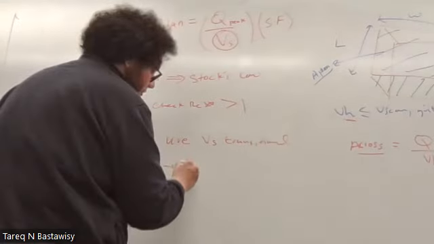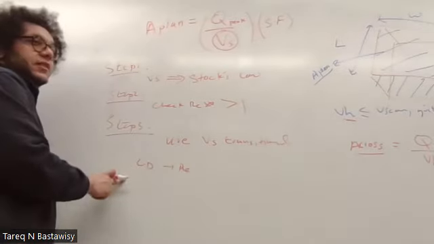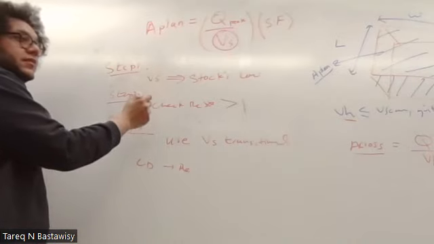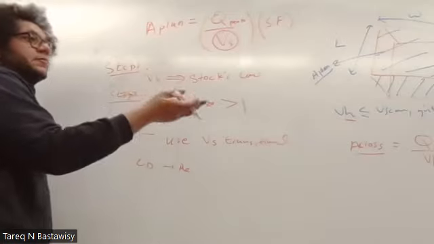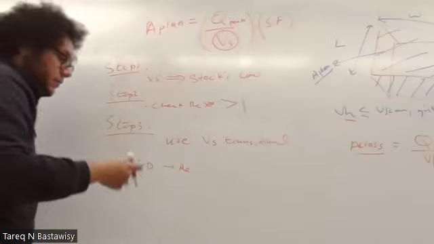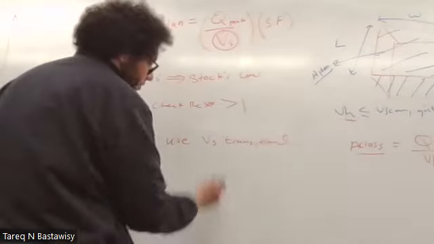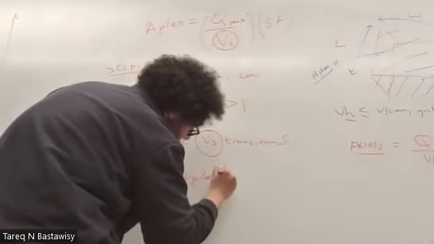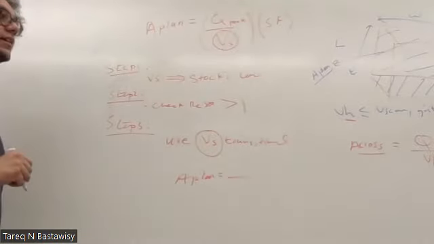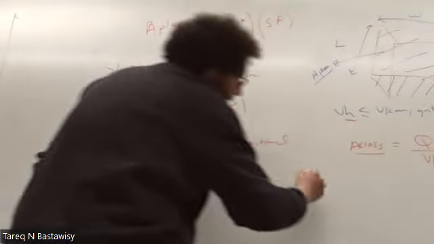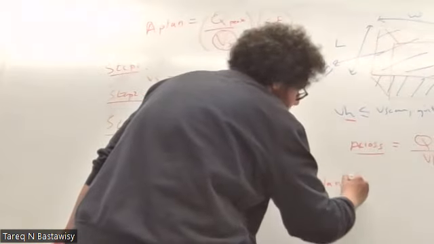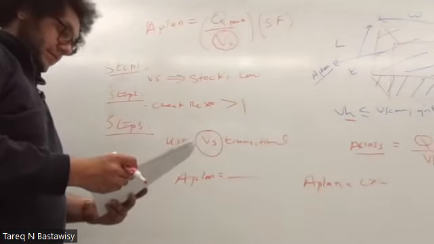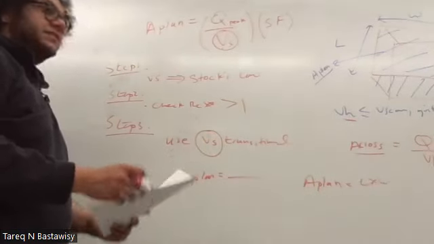So if the CD is not given in the question, use the Re from this step here. It might be given in the question already, so it saves you time. Once you have that, you have Vs, plug it in here, and you will have A-plane. Then you know that A-plane is equal to length times width. Good, and that's it.